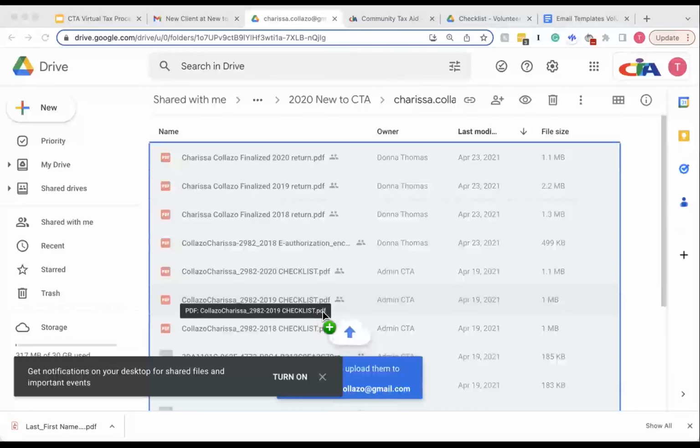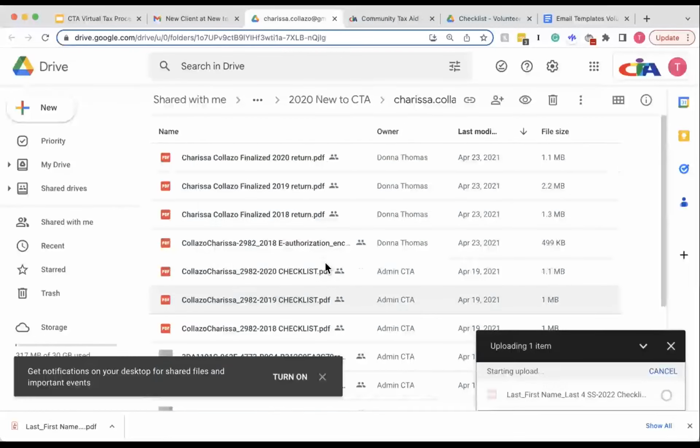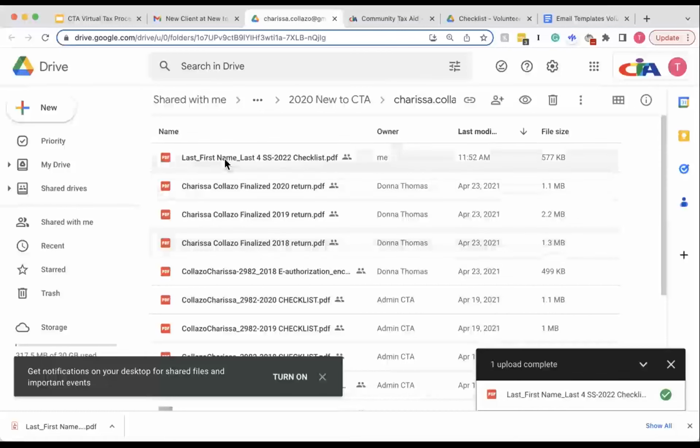I'm not sure, can you guys see this, that there's an icon that I'm hovering over the screen? Yes, yes. Okay, so you hover over it and then drop it, and then it's going to automatically upload. So now I just uploaded a blank checklist, which I'll delete, but when you guys upload it, you should make sure that it's the right one, it's filled out, and it has the right naming convention. So that's how you go and upload the checklist.